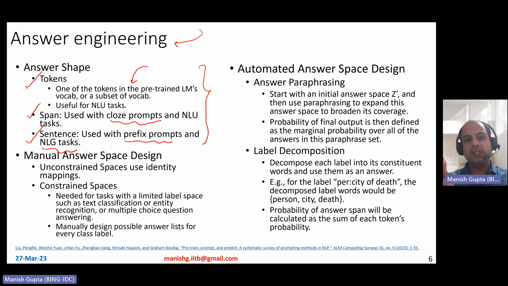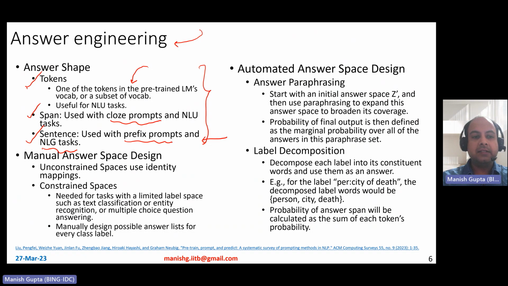For example, for question answering, given this passage and this question as input, my answer starts from this word and ends at that word, right? So that's basically span detection, and here the answer is a span. For sentence kinds of answers, as I mentioned, no answer engineering is required, but for tokens or spans as answers, you need to do answer engineering.